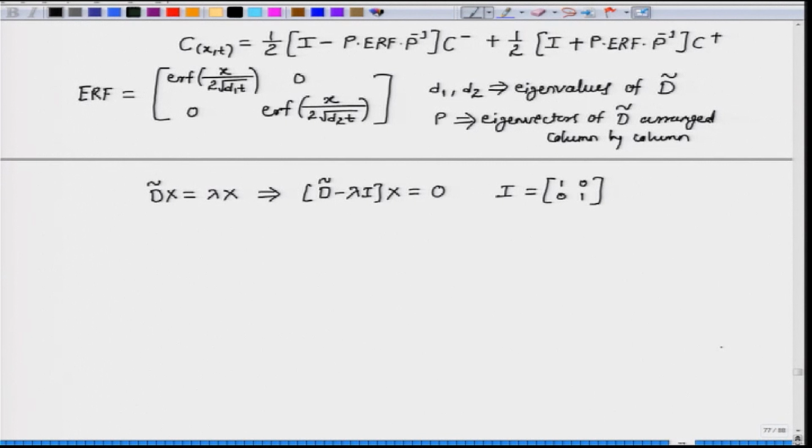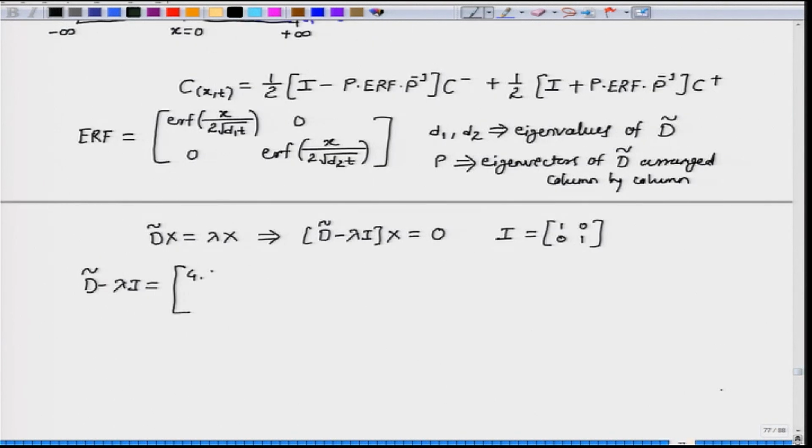So, if we evaluate the d tilde minus lambda I matrix, since I is an identity matrix, lambda I would be again a diagonal matrix with both the diagonal terms being lambda and the non-diagonal terms being 0. So, if we subtract lambda I from d tilde, we should get 4.5 minus lambda.